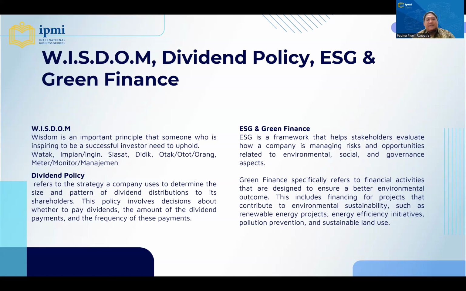Next is the dividend policy. Dividend policy refers to the strategy a company uses to determine the size and pattern of dividend distribution to its shareholders. This policy involves decisions about whether to pay dividends, the amount of the dividend payments, and also the frequency of these payments. In class, I still remember we debated between us, the students, with Professor Roy.